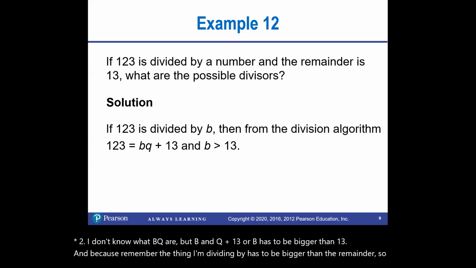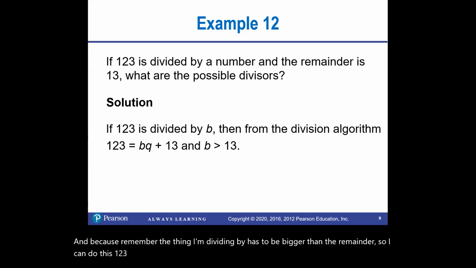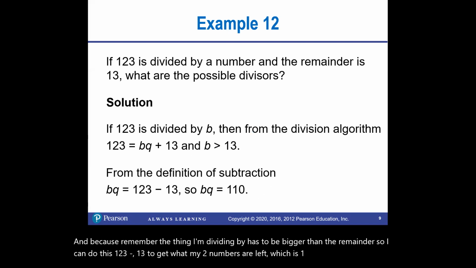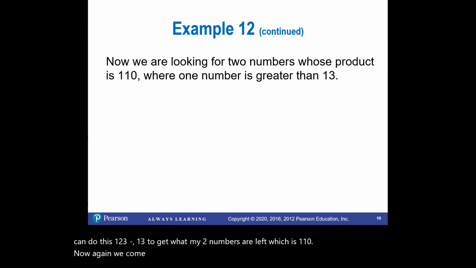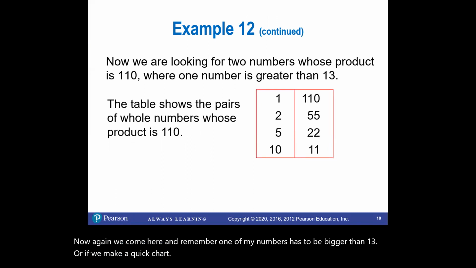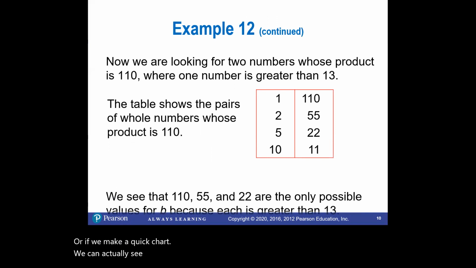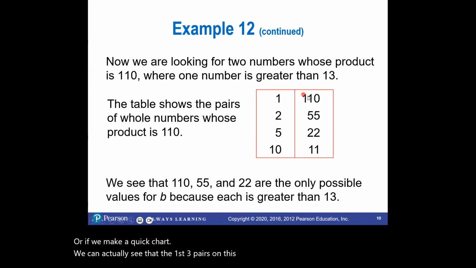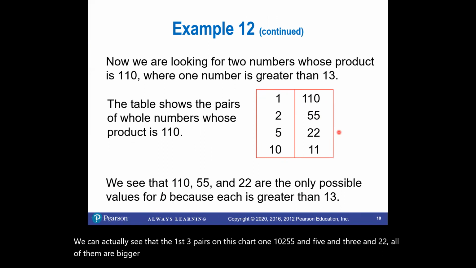So I can do 123 minus 13 to get what my two numbers multiply to, which is 110. Now, again, remember, one of my numbers has to be bigger than 13. Well, if we make a quick chart, we can actually see that the first 3 pairs on this chart, 1 and 110, 2 and 55, and 5 and 22, all have a number bigger than 13.